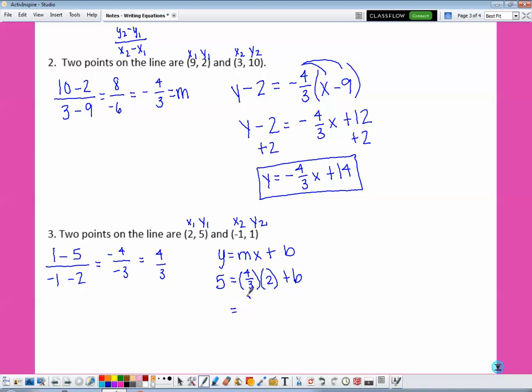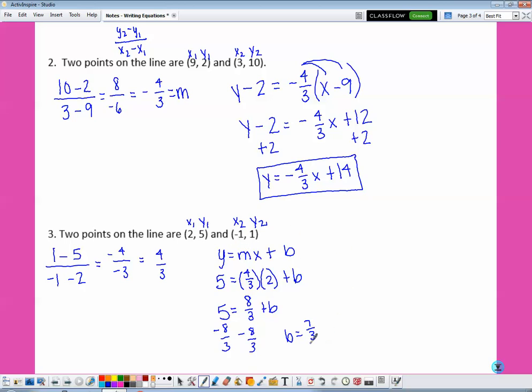4/3 times 2 would be 8/3. Then to find b, we would subtract 8/3 on both sides. If you put 5 minus 8/3 in your calculator, we get that b equals 7/3.